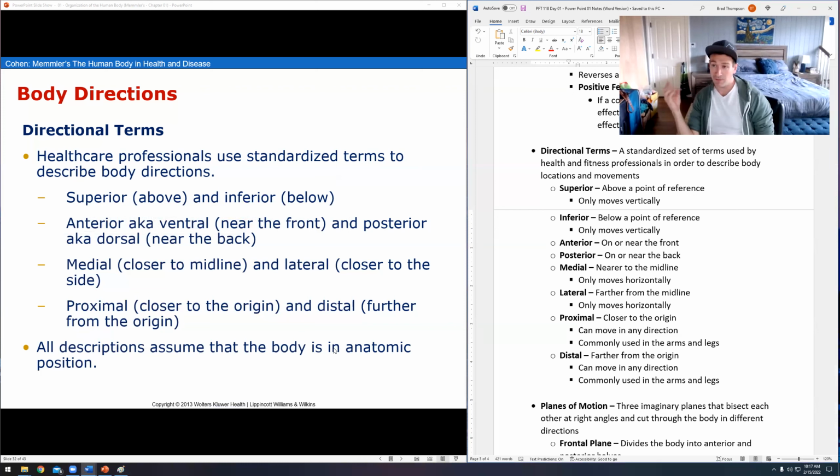So my fingers are very distal, my wrist is a little bit more proximal than that, but my wrist is still distal compared to my elbow, which is more proximal than that, right? So usually we use those terms whenever we're going in any direction we want. So we've got superior, inferior, lateral, medial, proximal, distal, and those go at angles and stuff.